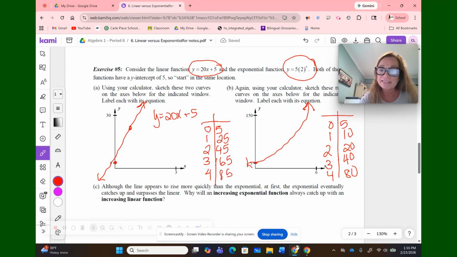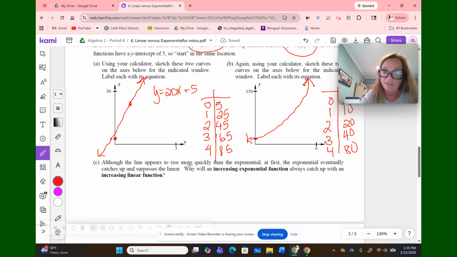The line is still winning, but notice what happens when I get to 5. At 5, I'm at 160. And at 5 here, I'm at 105. So, exponential winner. It will always catch up because the rate of change increases.